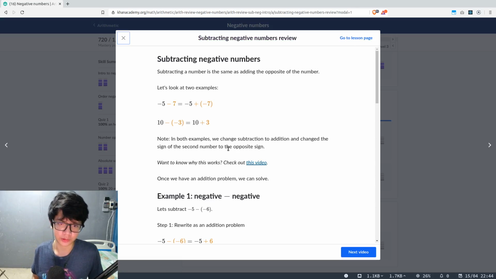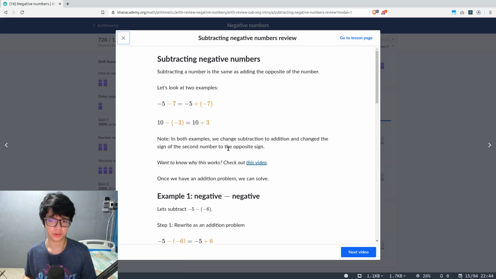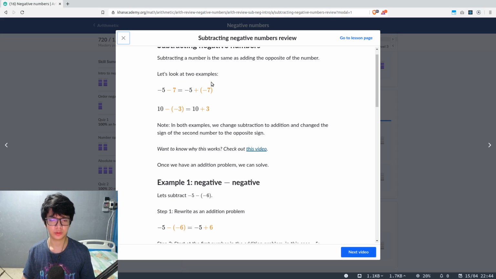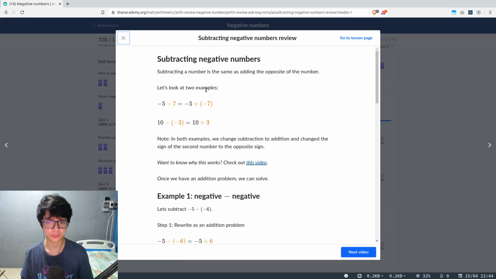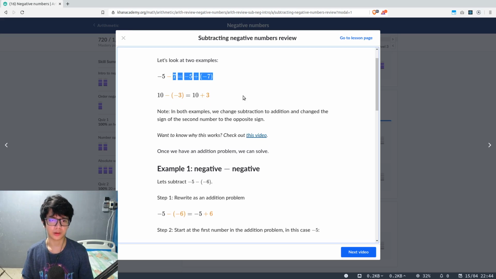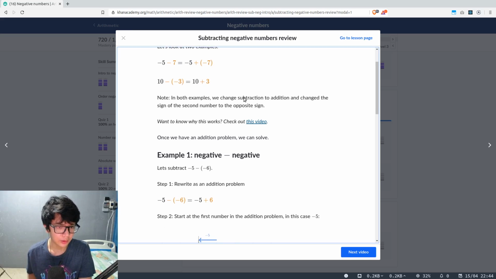Subtracting negative numbers. Subtracting a number is the same as adding the opposite of the number. So let's look at the two examples. We have negative 5 minus negative 7. It's going to be equal to negative 5 plus negative 7. 10 minus negative 3 is going to be 10 plus 3.